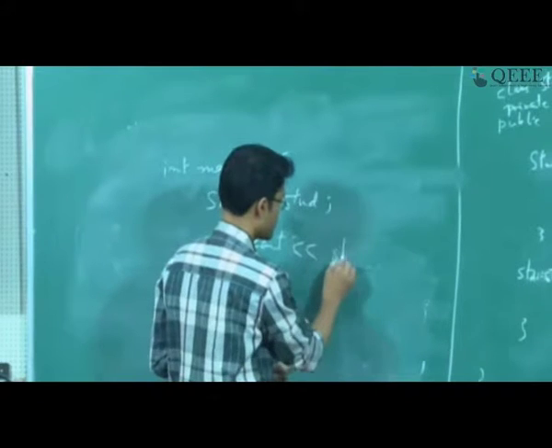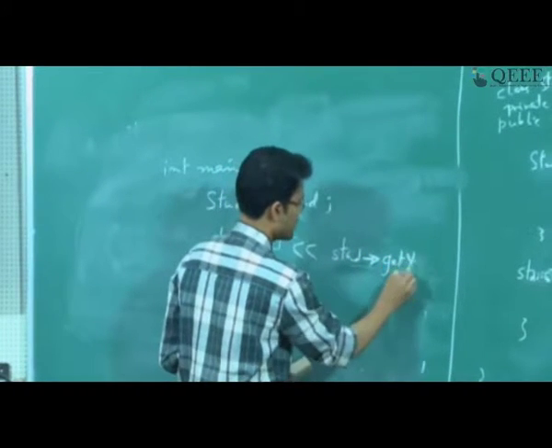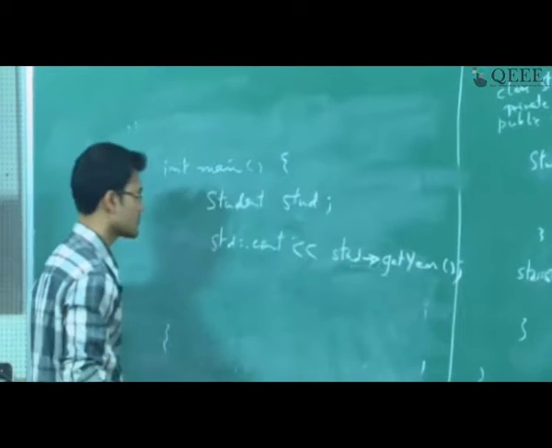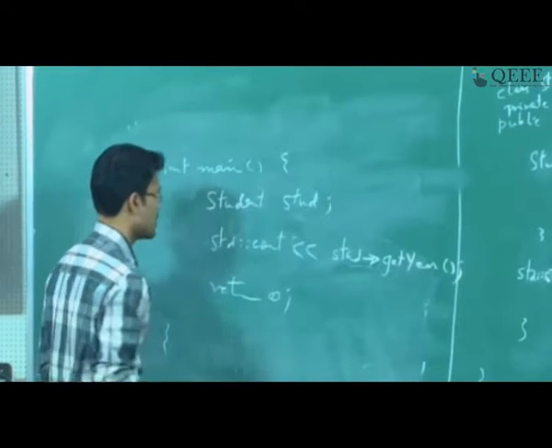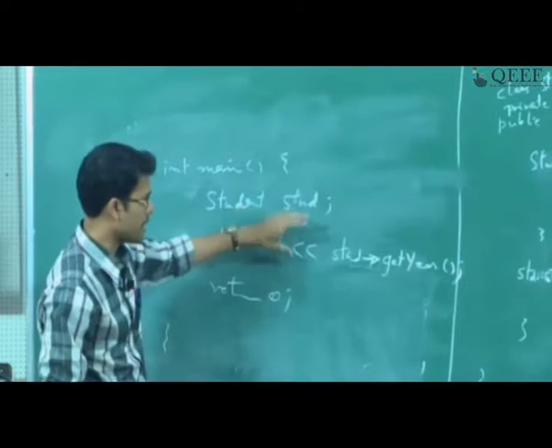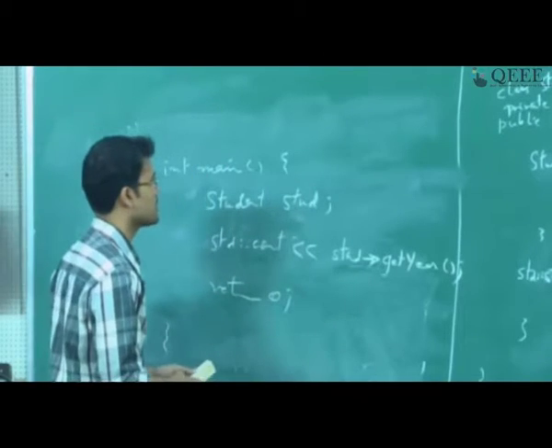I am just going to call stud arrow getYear, and then some return or something. So there is a class student, there is a variable of that type, and I am calling getYear on that.